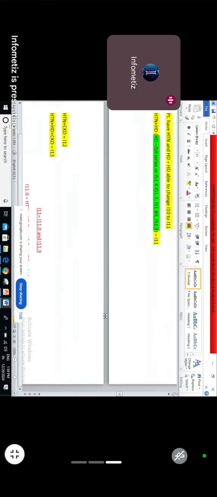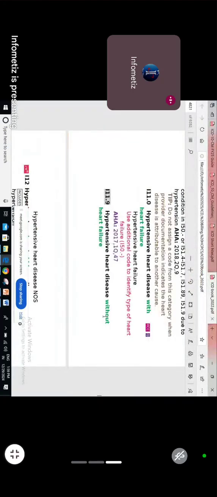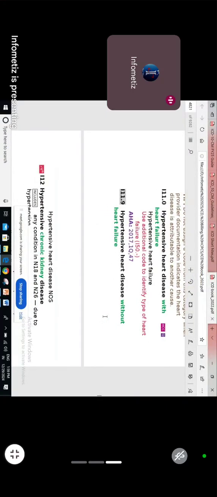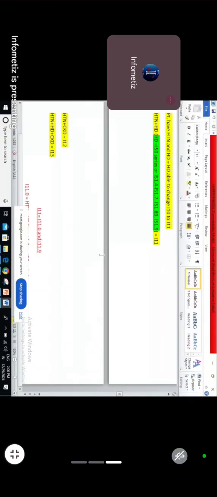So I50 will come to I11.0, and I51.4 to I51.9 will come under I11.9.